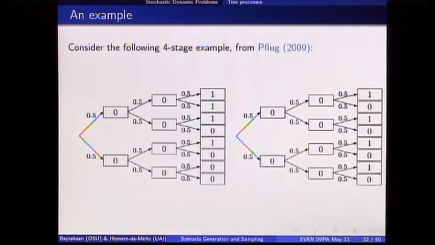Compare this to this. For example, what's the distribution of C2 in this tree here? C2 is just 0 with probability 1.